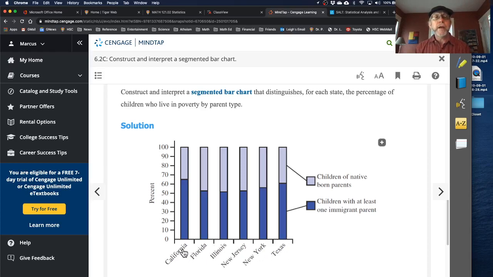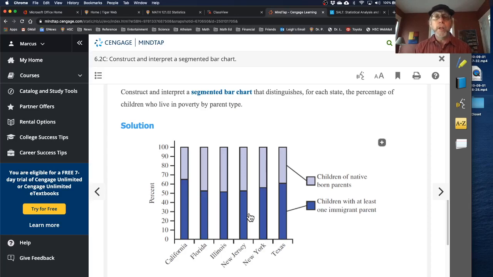So, for instance, if you look in California, it looks like about maybe 65% of children with at least one immigrant parent live below the poverty line, but it looks like the corresponding percentage among children with native born parents is around 35%. So you can see that the percentage who live below poverty does have a relationship with whether one or more of the parents were immigrant born.